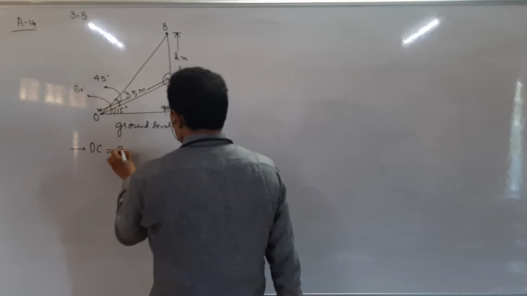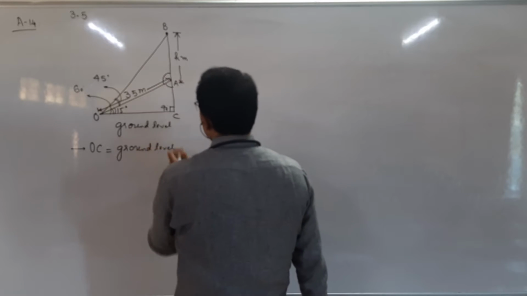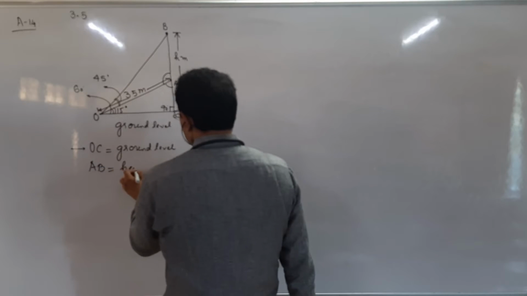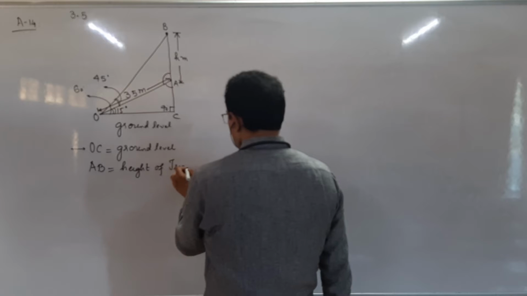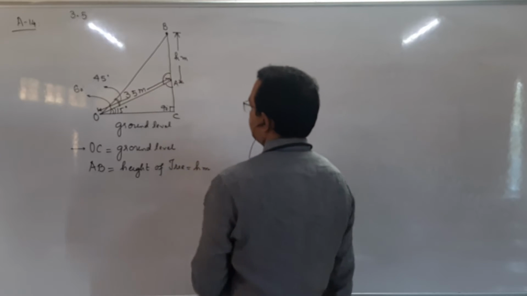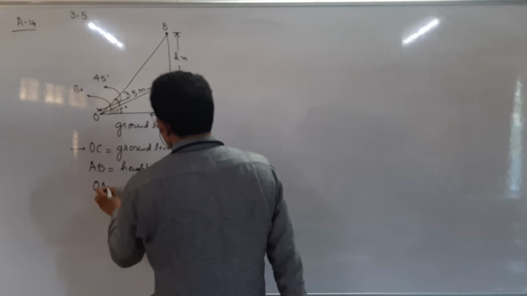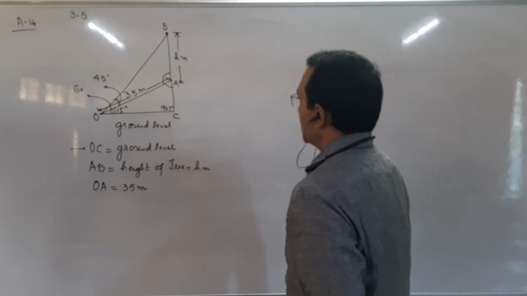OC is equal to ground level, AB is equal to height of tree, and that is h meter. Distance OA is 35 meter.